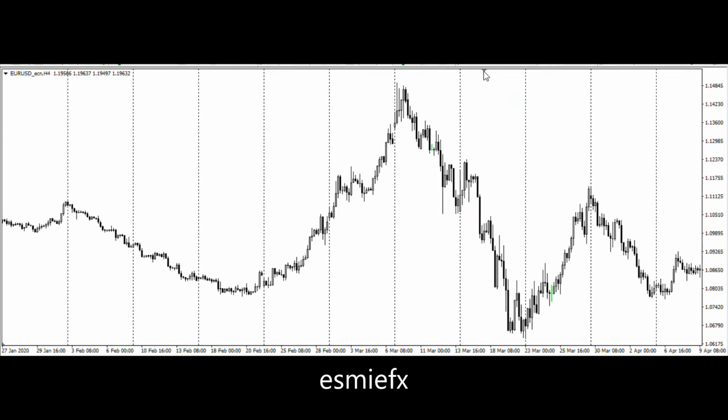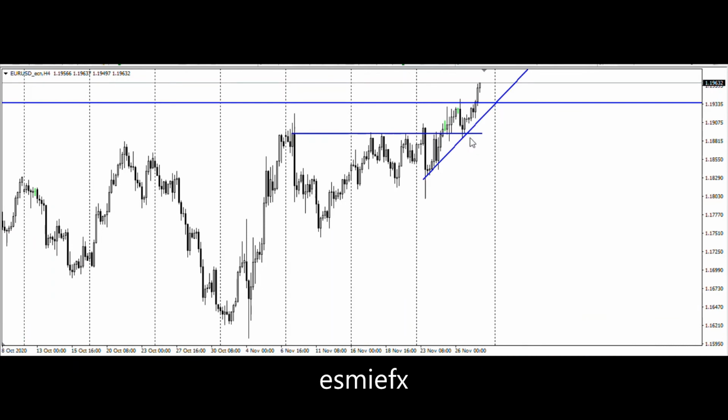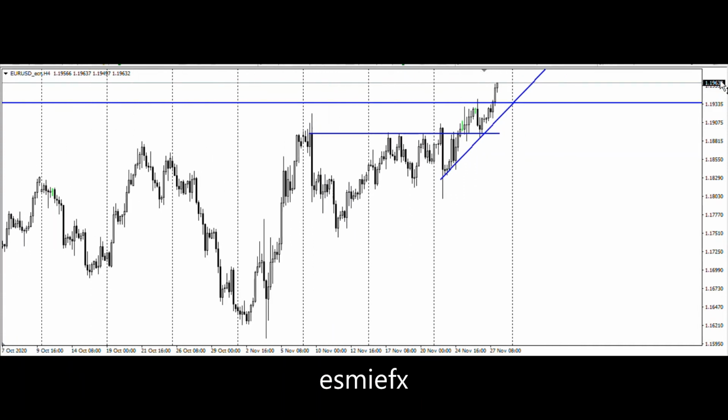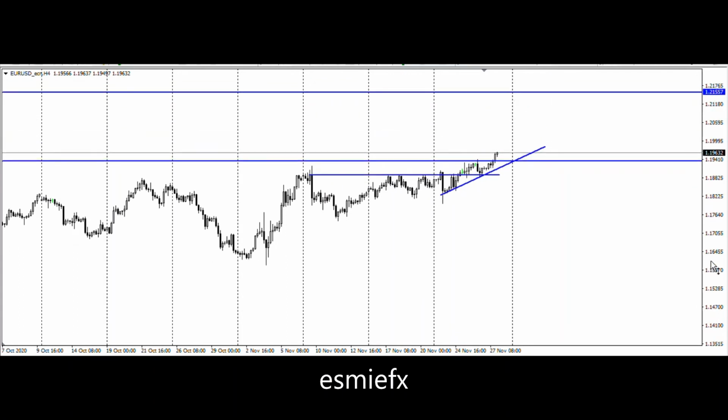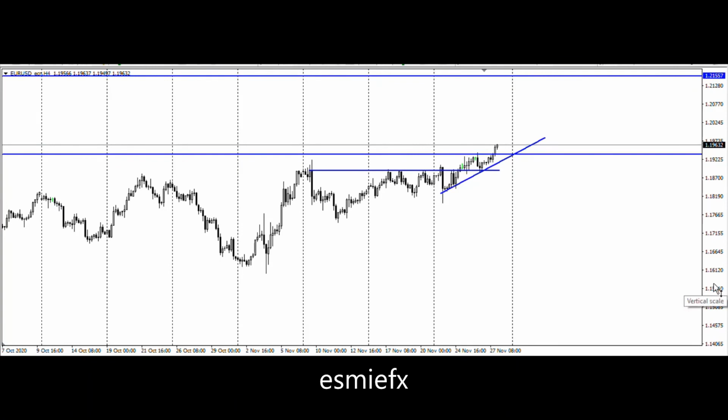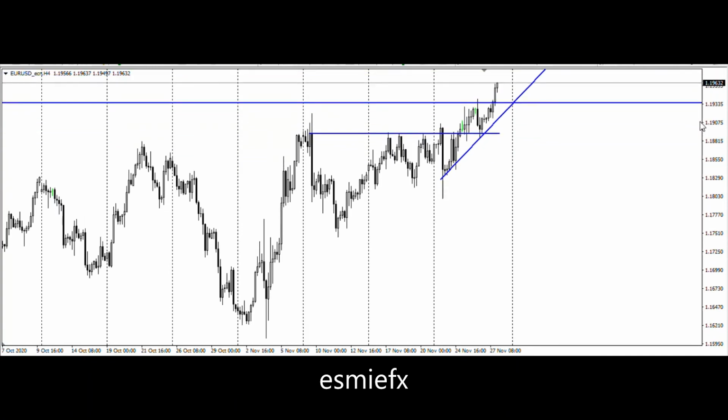Wait and see how price unfolds on Monday, because this is a very steep move up. It might give a retracement before moving up to the other level, this one. I am not sure. I have to see how price is going to unfold.